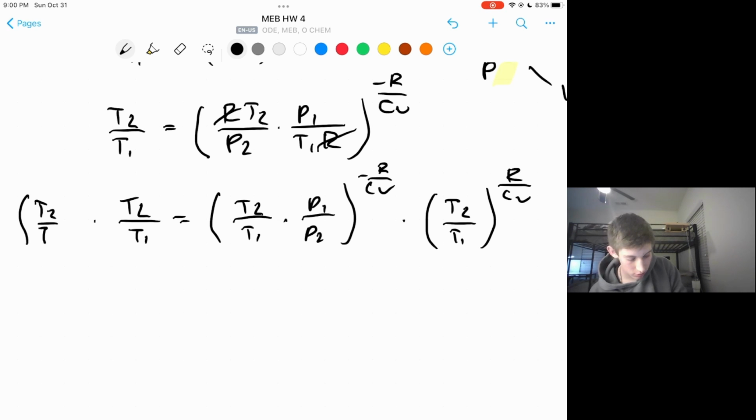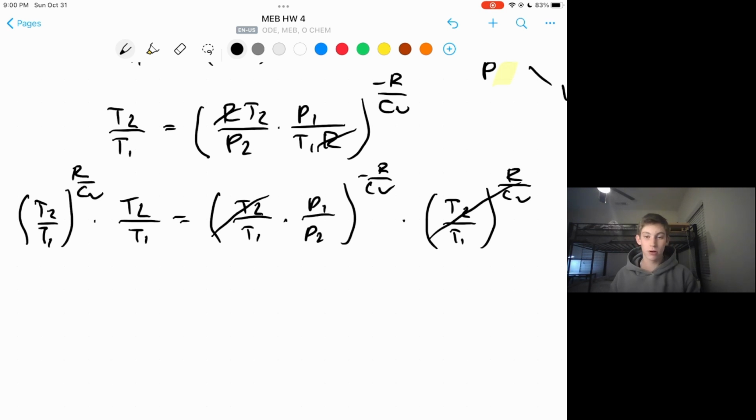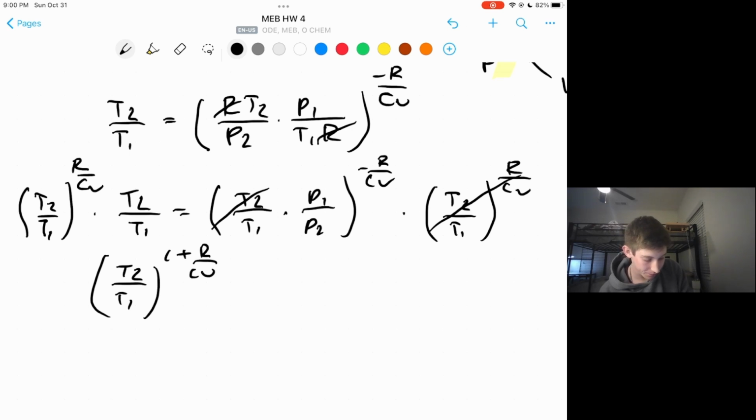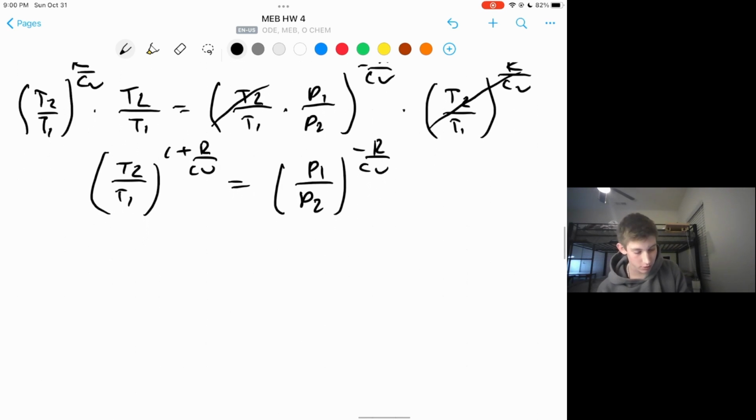So then we can cancel this part inside, and we are left with just pressure on the right side of the equation. So we have T2 over T1 raised to 1 plus R over Cv equals P1 over P2 raised to negative R over Cv.